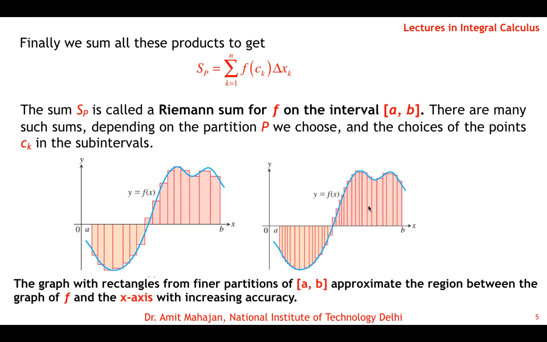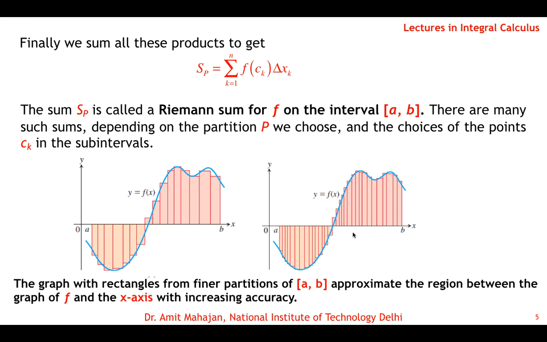So clearly you can see that the region bounded by the curve and the region due to the partitions are approximating each other when the number of partitions becomes large. If the width of each subinterval is the same, then just by increasing the partitions we can approximate these two with each other.